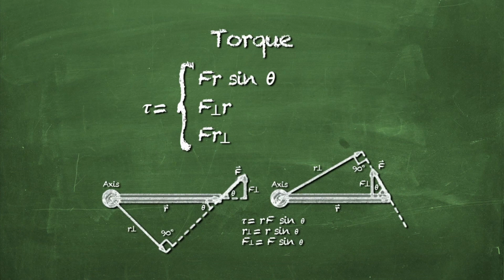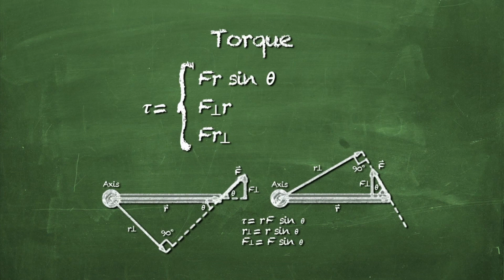Our biggest torque occurs when we have a 90-degree angle between the force and the direction to the pivot point, and that's where sine of theta is biggest. So torque is equal to force times the distance at which you apply the force times the sine of the angle between the force and the direction to the pivot point.